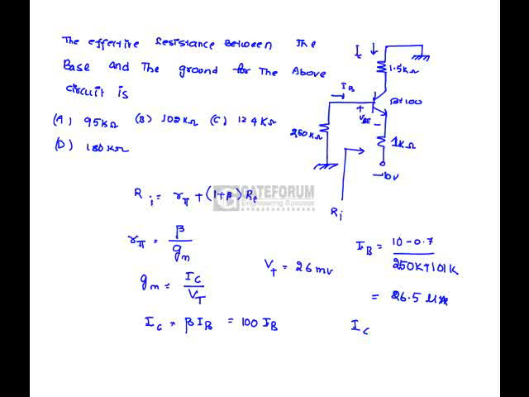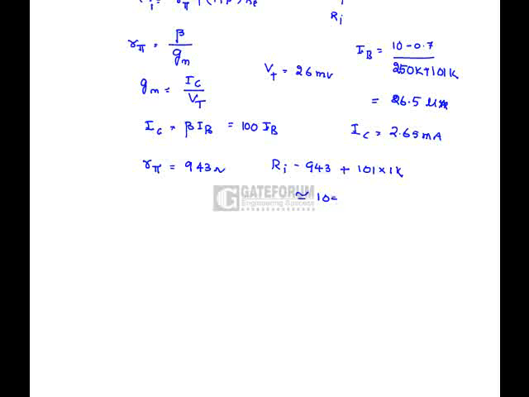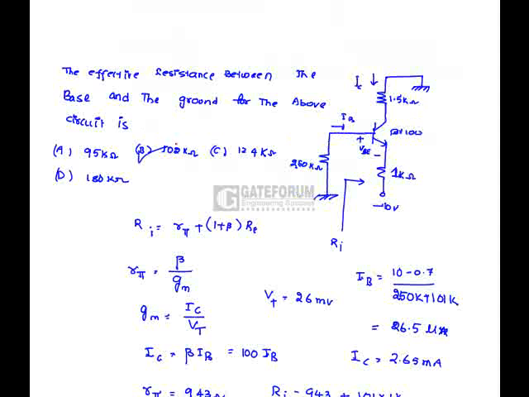So Ic is nothing but 2.65 milliamps. So we will get R pi as 943 ohms. So Ri is nothing but 943 ohms plus 101 into 1k, so it is approximately equal to 102 kilo ohms. That is, option B is correct.